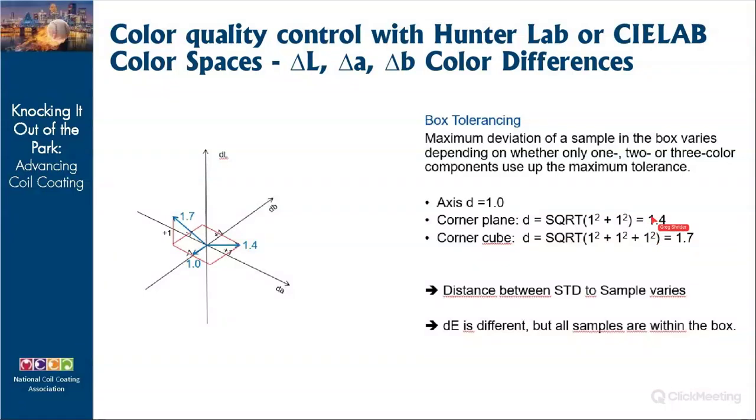Now what happens with this box: if each of my attributes is 1, this vector here is 1, that means this vector to the corner is 1.5, as shown over here. And then the further 3-dimensional vector to the upper corner is going to be 1.7.